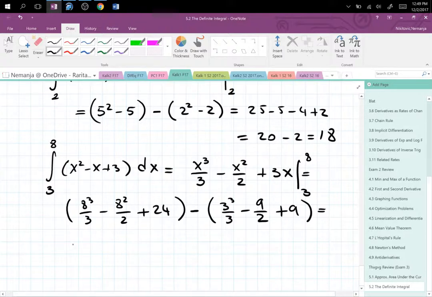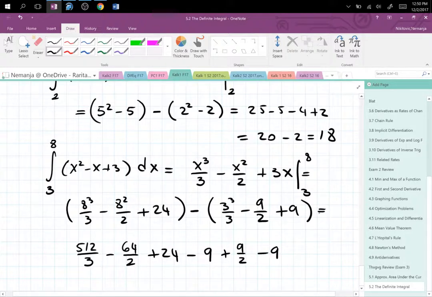Alright, so what do I have? I have 8 cubed. So that's 64 times 2, 128, 256, 512, over 3, minus 64 over 2 plus 24, minus, one of the 3s is cancelled, so this is just a 9, so minus 9 plus 9 halves and then minus another 9.